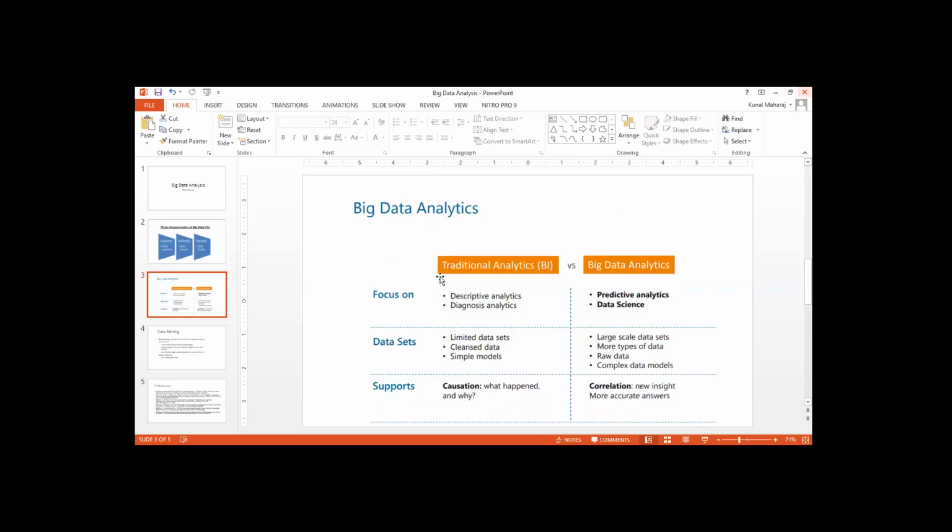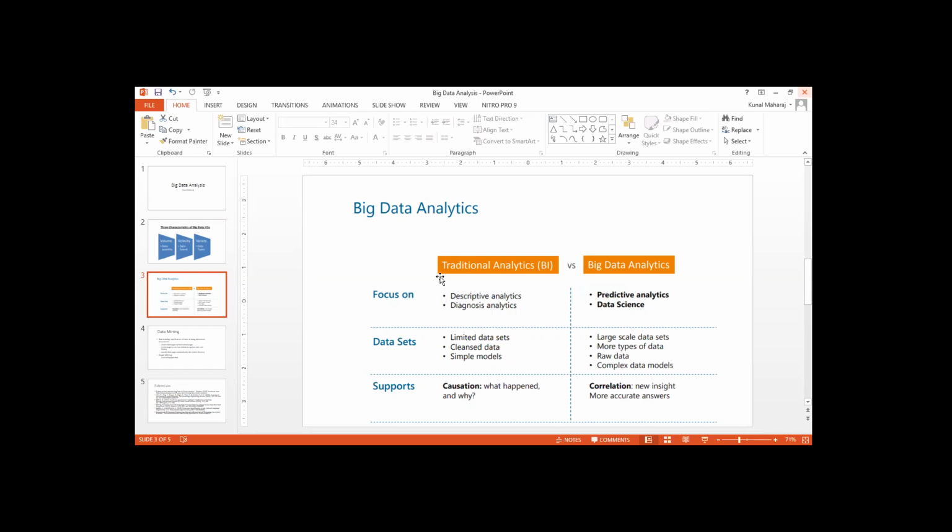The next slide that I would like to present is a comparison of the traditional analytics, in terms of business analytics and intelligence, versus big data. While traditional analytics focus on descriptive analytics, we have predictive and data science analytics in terms of big data, and there's a correlation in terms of near-sight and accuracy.